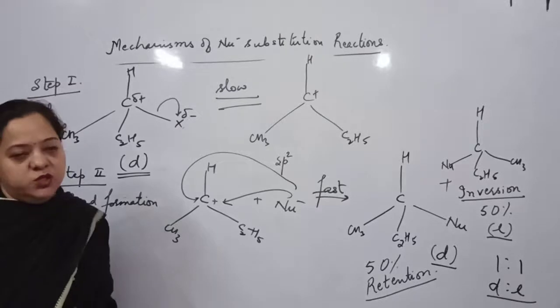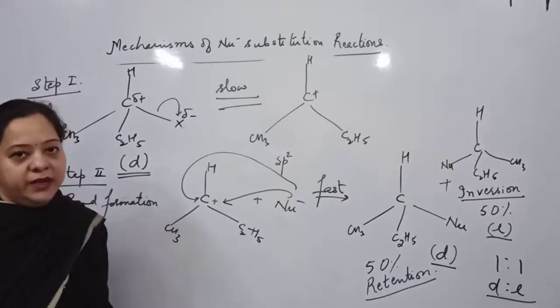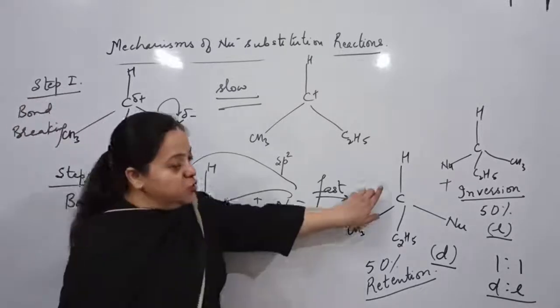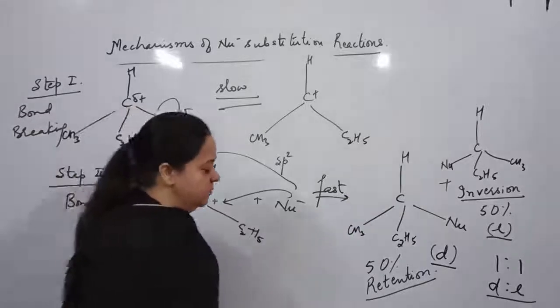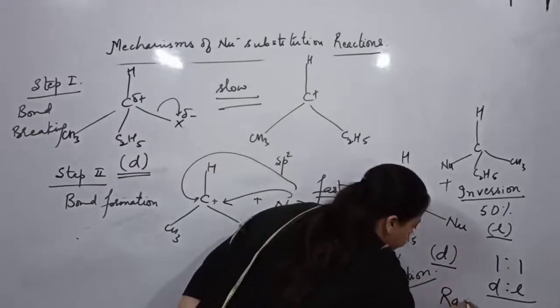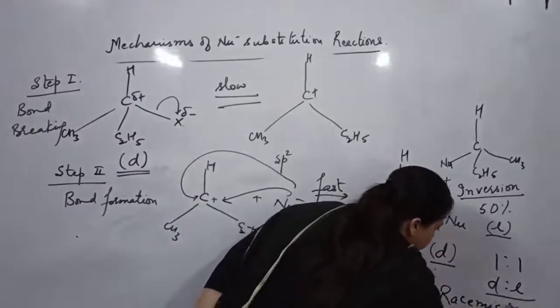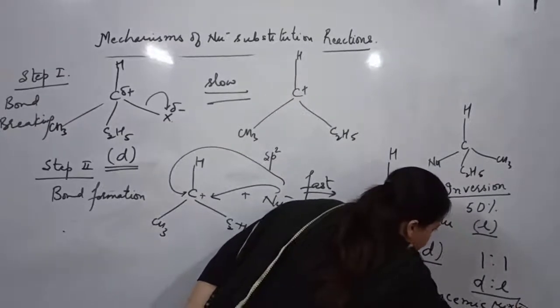And this 1:1 mixture of D and L isomers, that is 2 enantiomers, this mixture is called a racemic mixture.